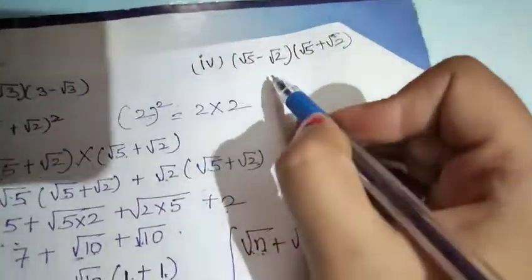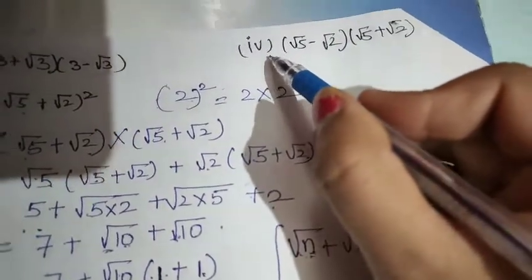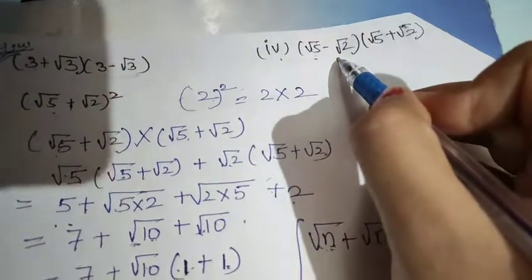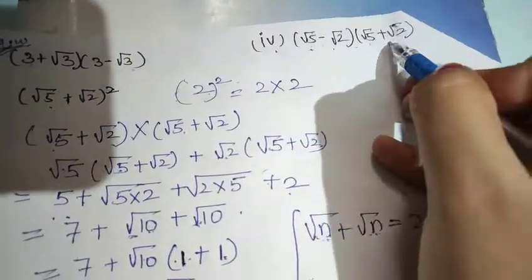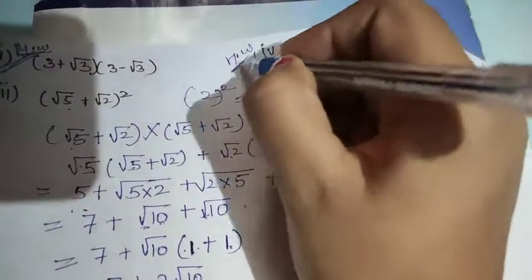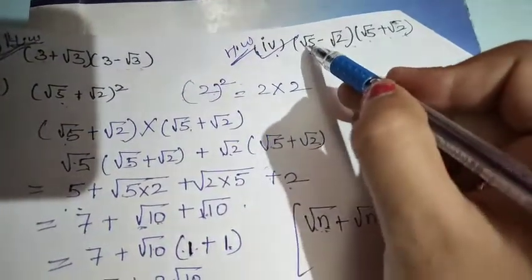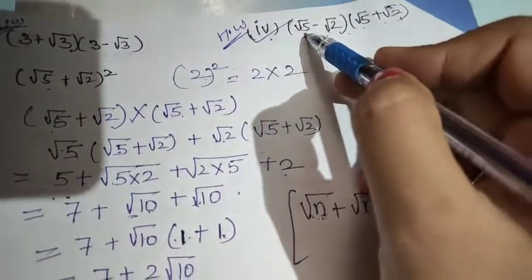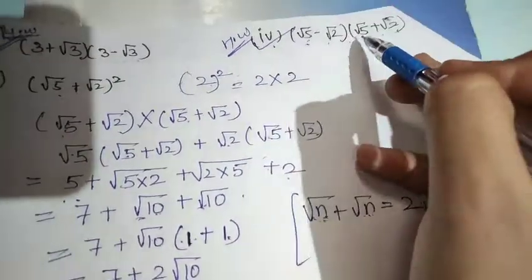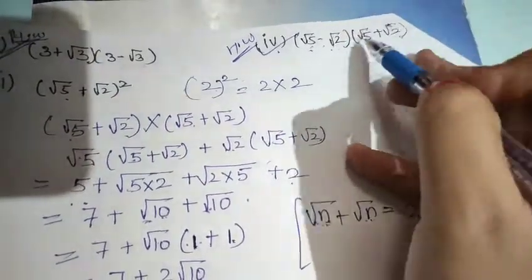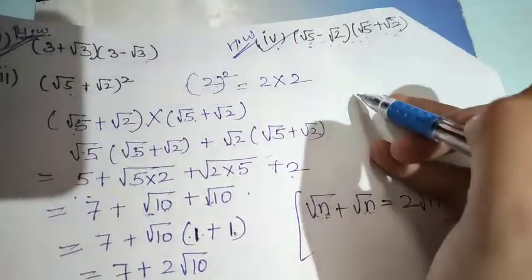Now look at the last part of this question. It is under root 5 minus under root 2 multiply root 5 plus root 2. This is also your homework and you have to multiply it like we have done in our previous 3 parts. Root 5 multiply this bracket first, minus root 2 will multiply this bracket next, and then solve it.